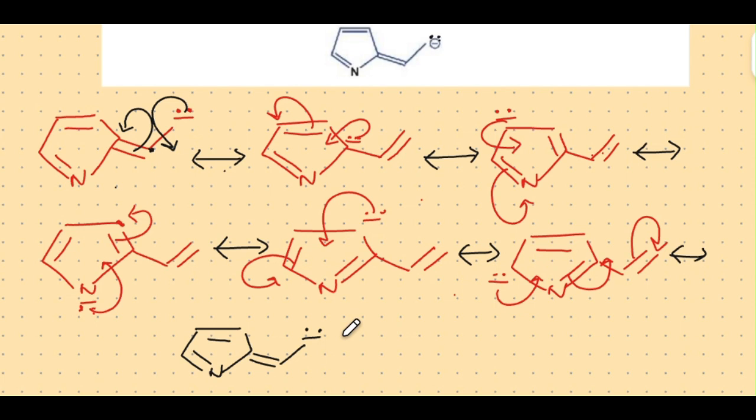Now the question is, how many structures will be there where the negative charge is on secondary carbon? First, what is secondary carbon? When a carbon is attached to two carbons, then we call this particular carbon secondary. Let's identify where we have. Look at this, this is primary.